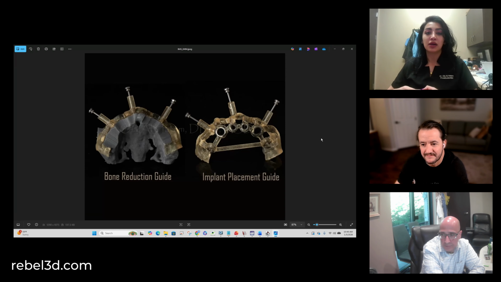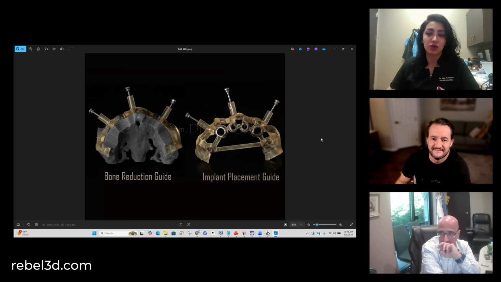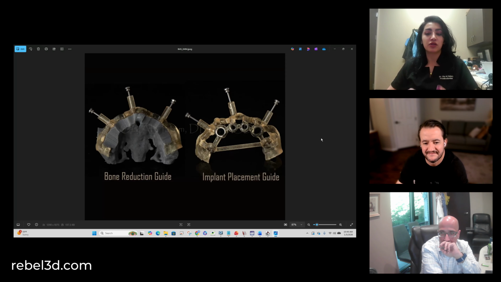With a static guide like this one, yes, it offers you peace of mind, assuming everything goes as planned, that the implant is going exactly how you planned it, but you don't really care if the patient ends up in a denture or in a fixed bridge the next day. Whereas dynamic navigation eliminates guesswork out of the process.